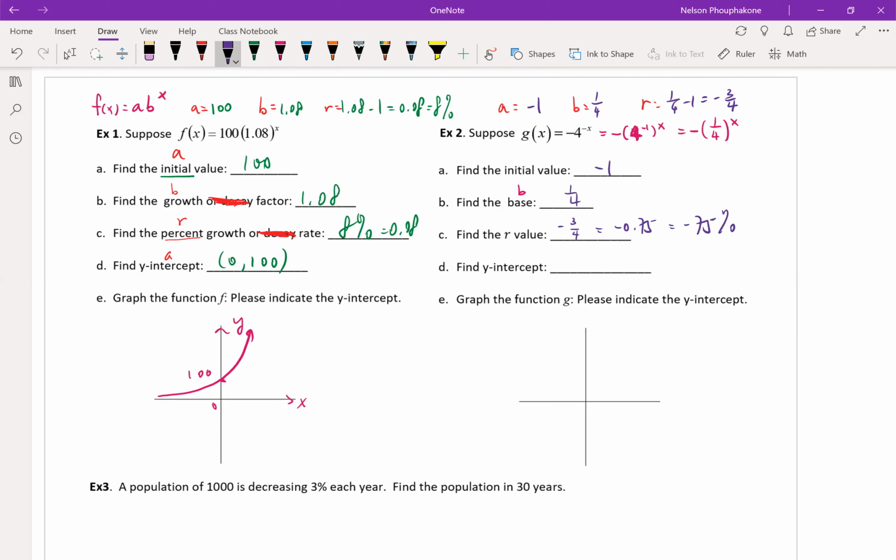Then of course my y-intercept is (0, negative 1), right? Now remember, a is negative and b is 1/4, meaning the function is decreasing, and the negative means we flip this.